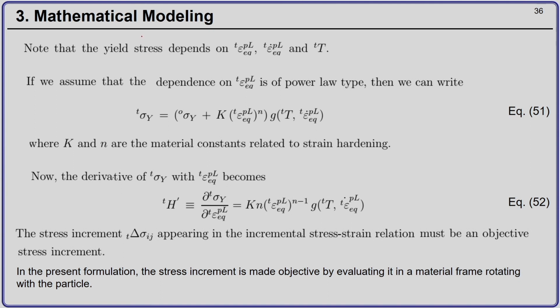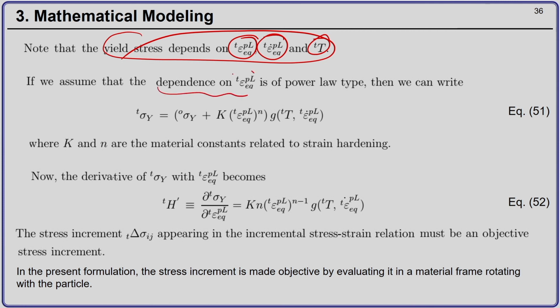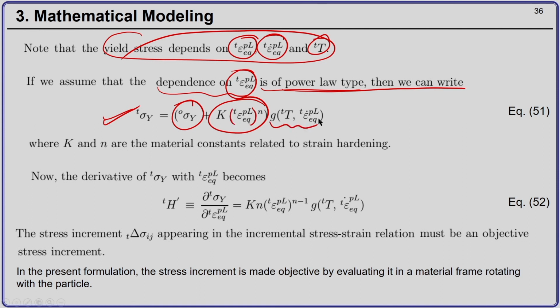So, you notice that the yield stress depends on the plastic strain, equivalent plastic strain rate and the temperature. If we assume that the dependence of sigma y on the equivalent plastic strain is of the power law type, then I can write the yield stress at time t as the initial yield stress plus k times the equivalent plastic strain raised to power n into a function of temperature and the equivalent plastic strain rate.